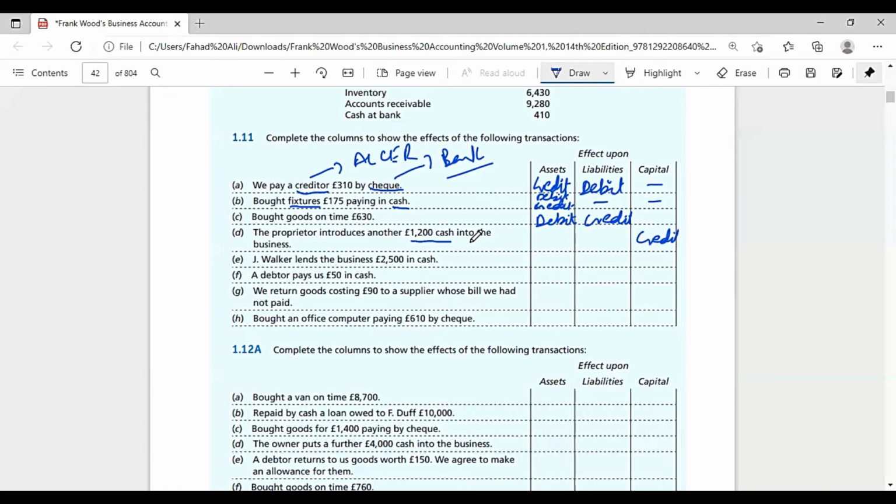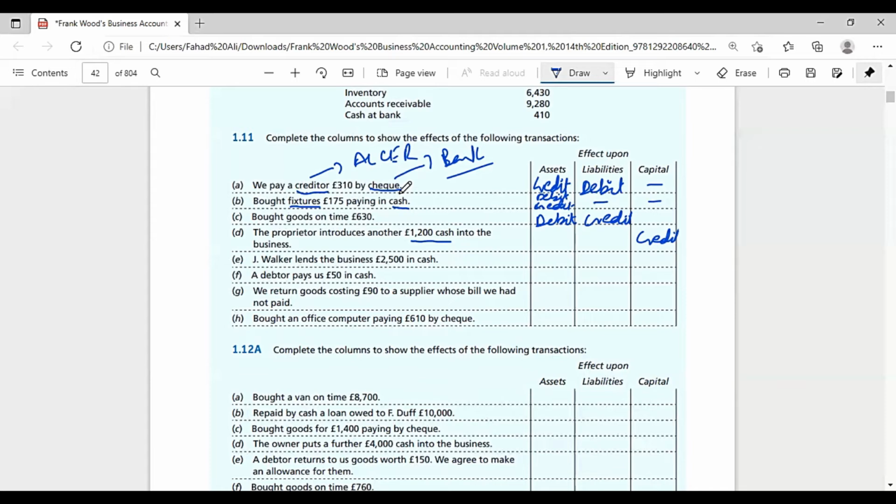No. The proprietor introduces. We have to see from the perspective of the business. The proprietor's cash will decrease, right? No, no, no. See, there are two perspectives. One is the perspective of the owner, and another is the perspective of the business itself. The business and the owner are both separate entities.